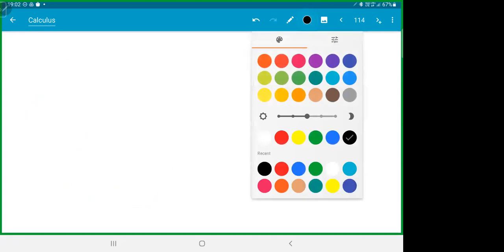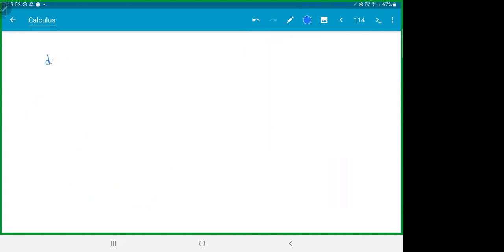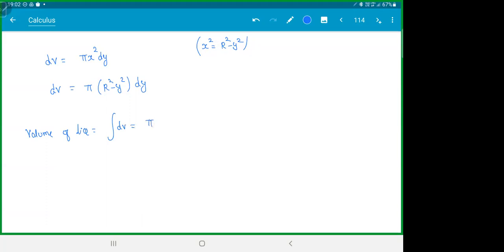So we got that small volume is pi into x square into dy. But what is x square? R square minus y square. Substitute here. So I want to bring everything in terms of y only, one coordinate. So the volume of that liquid will be integral dv, which is pi into integral r square dy minus y square dy.